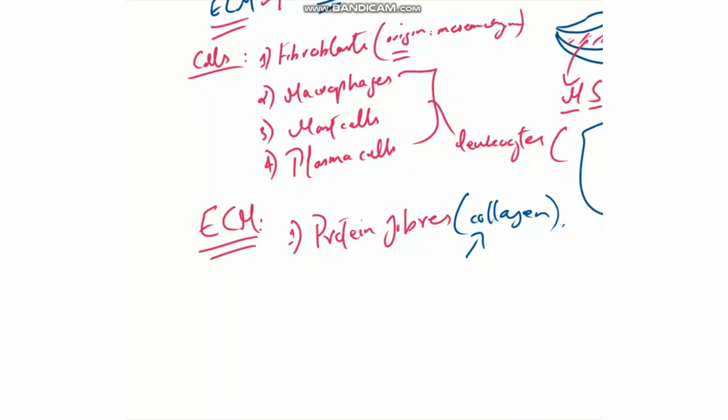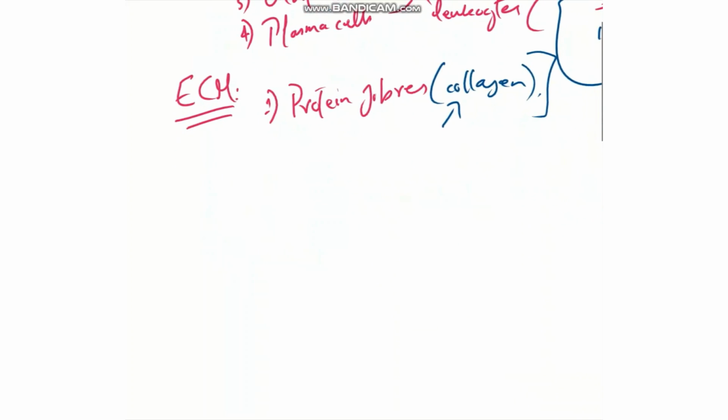Collagen we came across in the previous chapter when we were doing the epithelium, that the basal lamina contains type 4 collagen, and the reticular lamina contains type 3 and type 7 collagen. We studied that earlier, and now in this chapter we will study the details of what collagen is, how it's formed, and everything. Protein fibers, and number 2 is your ground substance.